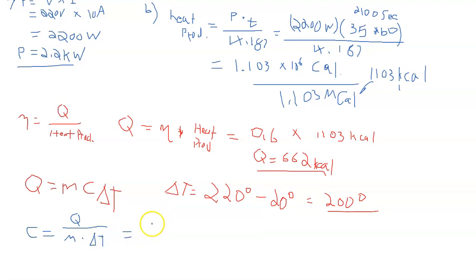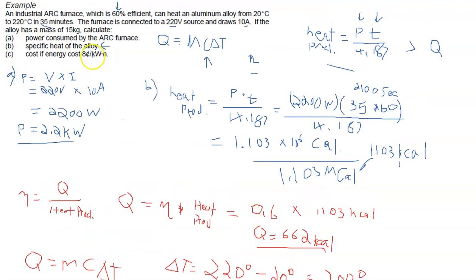And so 662,000, if you would, 662 times 10 to the 3 calories. Remember that everything is base units here, so grams means 15,000 if there's a K there, right?